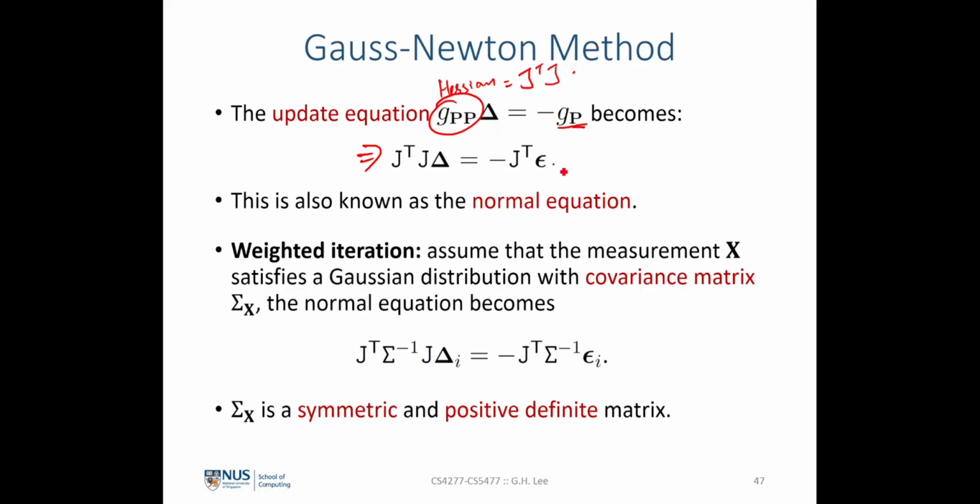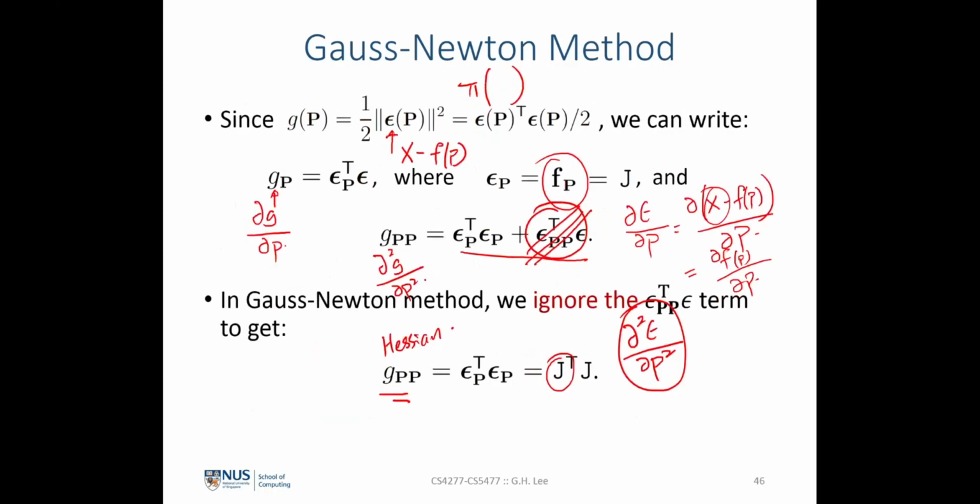And this equation over here is also known as the normal equation. We can also derive the same weighted iteration of the normal equation by adding the covariance matrix over here. So this is the final normal equation that we get if we consider the error covariance on both sides. You should work this out by yourself by adding the error covariance.